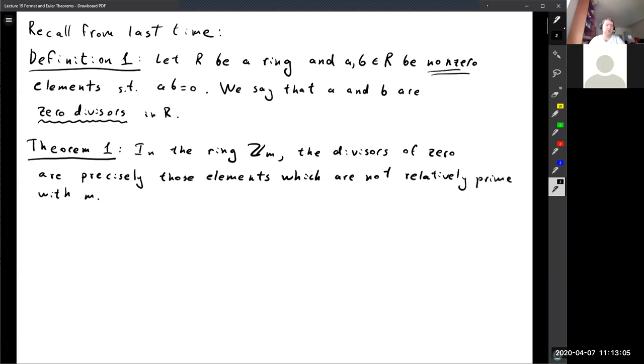And the proof would go as follows. So the direct implication would be the following. Let's take n in Zm. Here we can take any representative of the remainder class mod m, but let's assume that n is from 0 to m minus 1, the canonical representative.